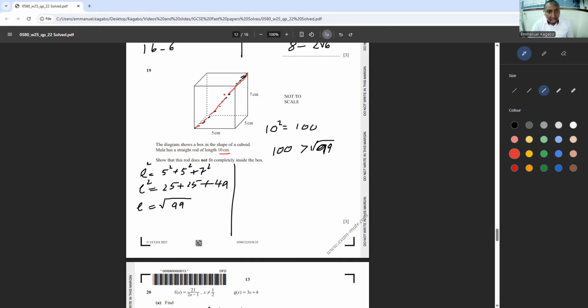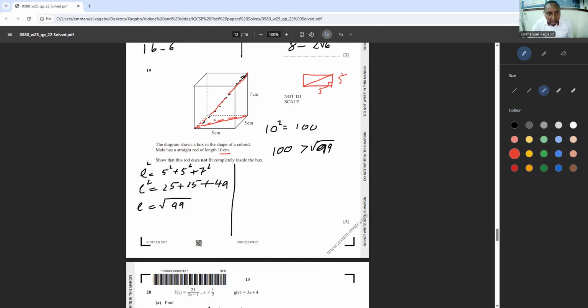Now, how do we get that? For this diagonal, it's going to be Pythagoras theorem, right? At the bottom, let me start with the smaller triangle. Because it's a rectangle, if I go like that, I'm going to have 90 degrees, and this is 5 here, and this is 5.